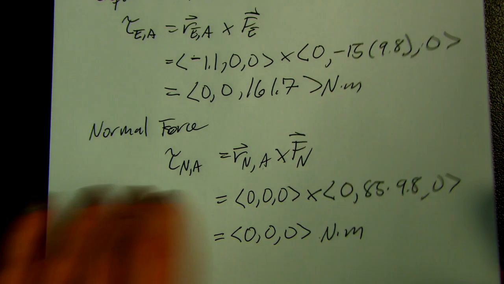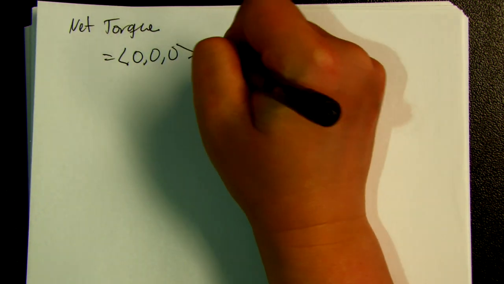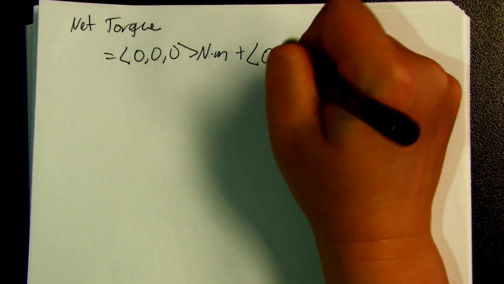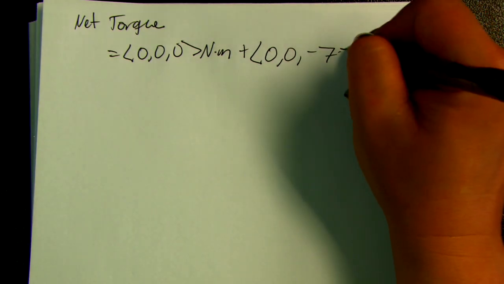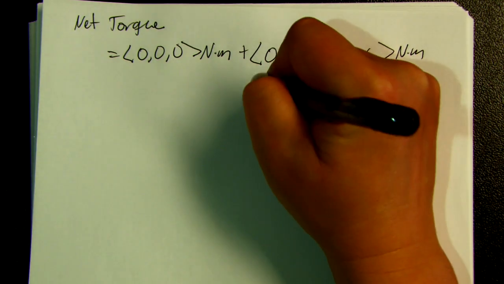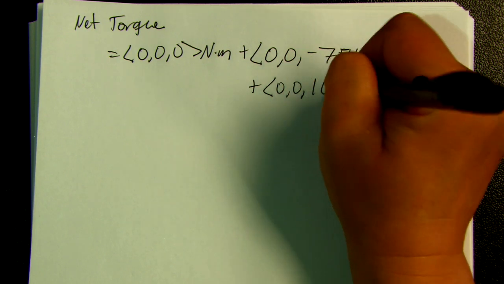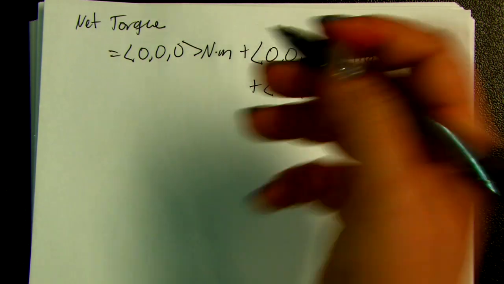Okay, so from here, we see the net torque is just going to be the sum of all the torques, which is equal to 0, 0, 0 from the normal contribution, plus 0, 0, minus 754.6, plus 0, 0, 161.7 newton meters.